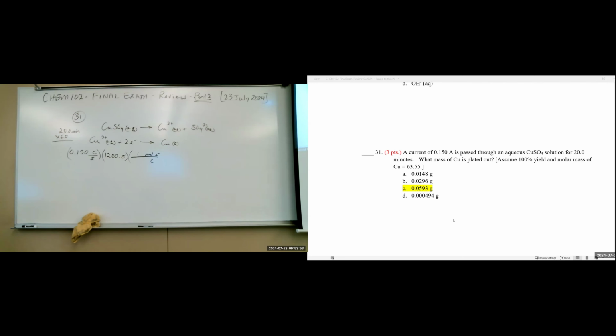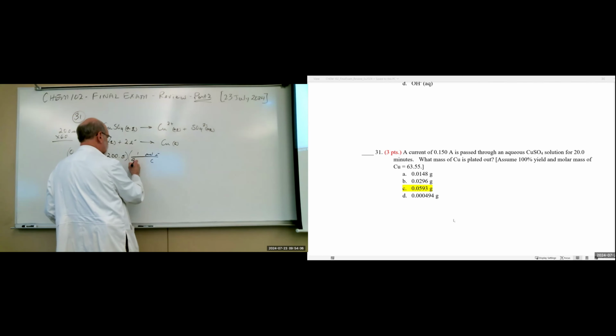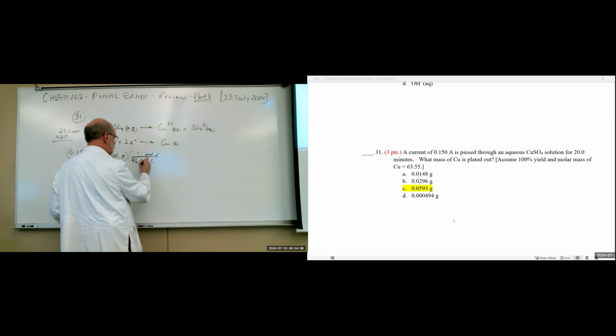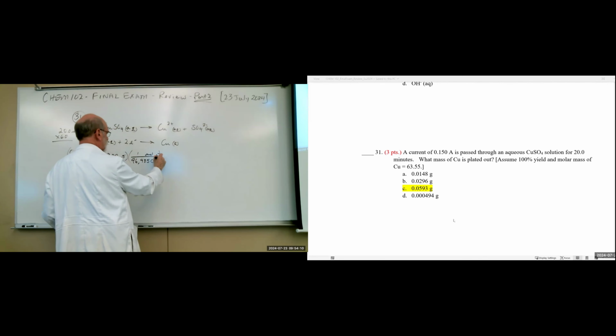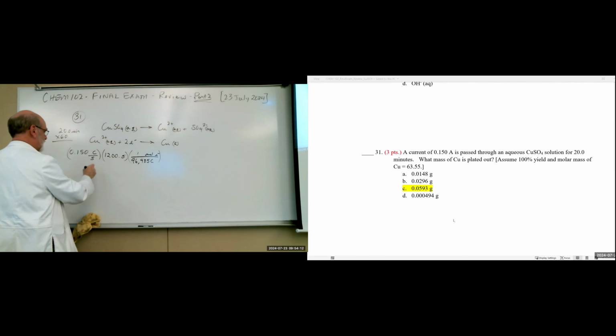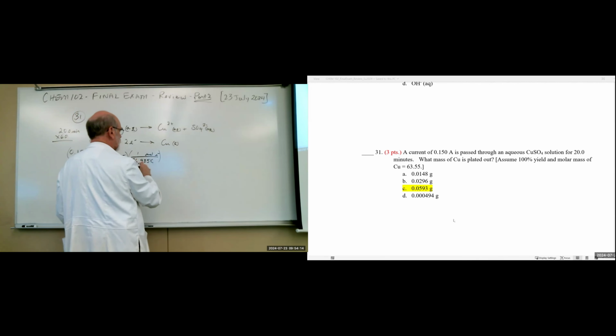which I don't have memorized, so I'm going to look it up. I think it's 96,485 coulombs per mole of electrons. Okay, that gets rid of coulombs, leaving moles of electrons.